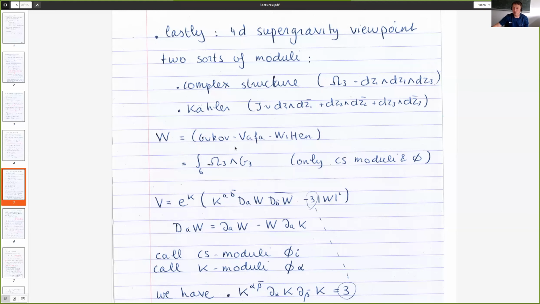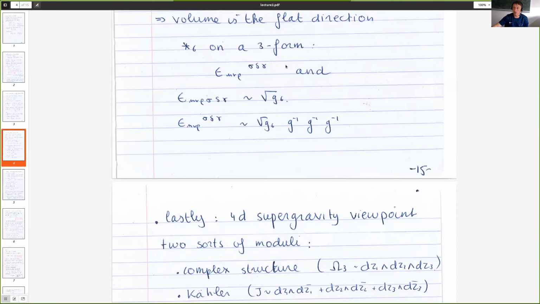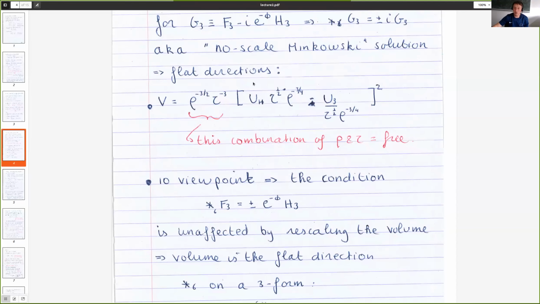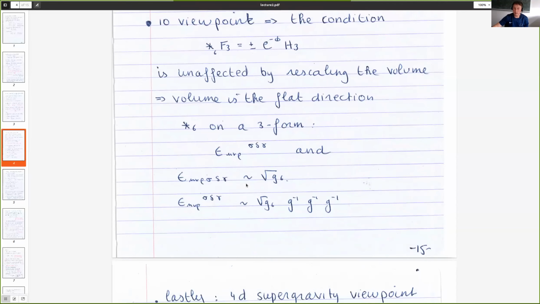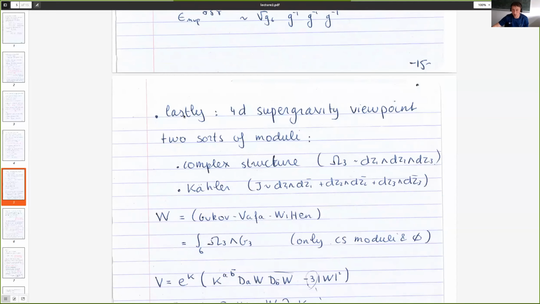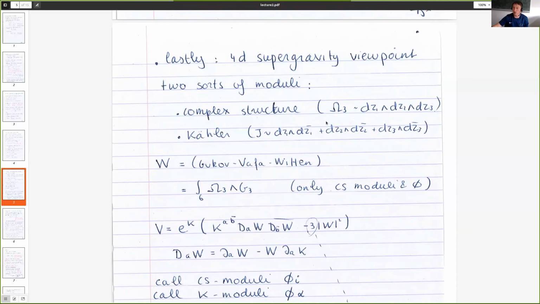It's omega-3 wedge G3. You remember what G3 was? G3 was this complex form I gave you here, right? So this is a complex and even holomorphic expression. But interestingly, it only depends on the complex structure moduli. It doesn't depend on the Kähler moduli. There's no J here, right?